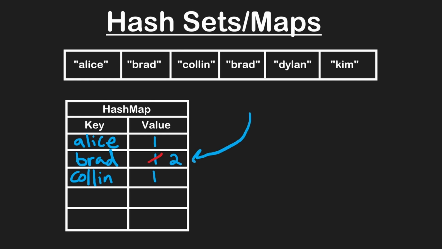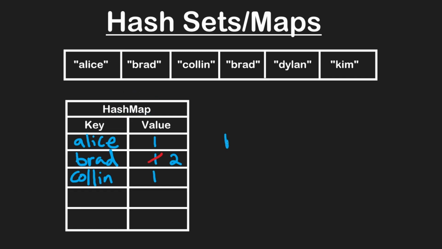By the way, iterating through this position was also a constant time operation. And notice we don't have duplicates in this hash map. I mean, we could have added another entry for Brad and put 1 here, but that isn't what we're trying to do. For Brad, we're trying to count how many times it showed up. It doesn't make any sense to add a second entry. And this brings us to a property of hash maps.